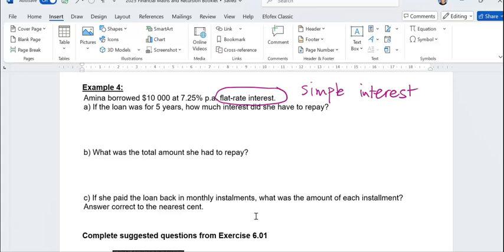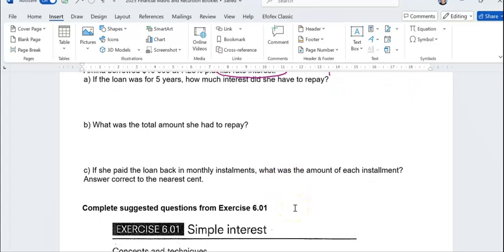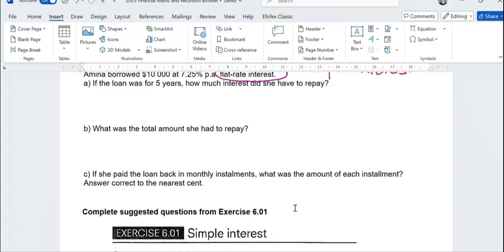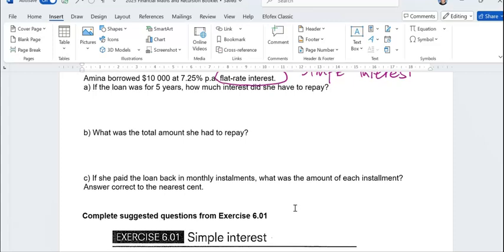The only difference with this one is that there's one final question: if she was going to pay back the loan in monthly instalments, how would she do that? You have to figure out how many months there are in 5 years. So in 5 years, there's 60 months, and you would then have to divide your total amount by 60 months.